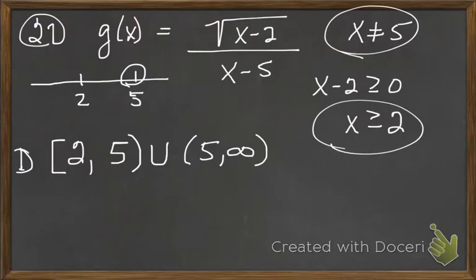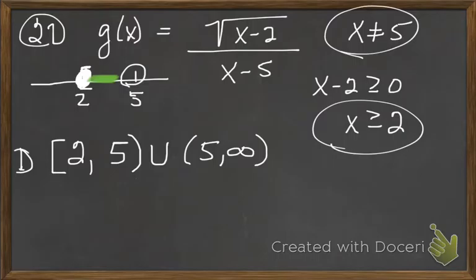This is just another way, if this makes more sense to you. At 5 the circle has to be open, showing we can't have a 5. And then x's are greater than or equal to 2, so I would have a bracket or a closed circle. Closed circle, and then I'm going to shade to the right.